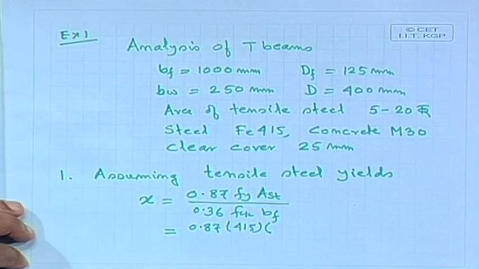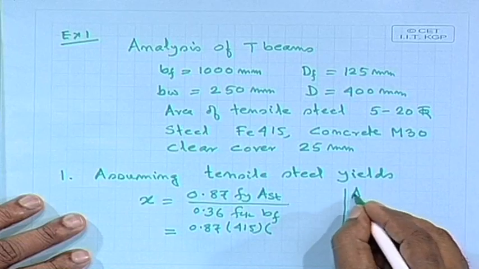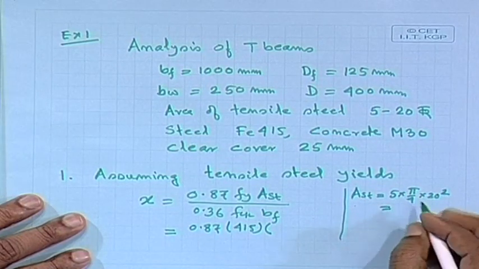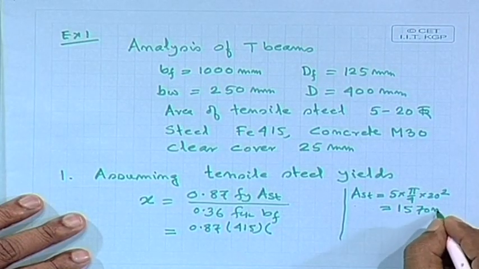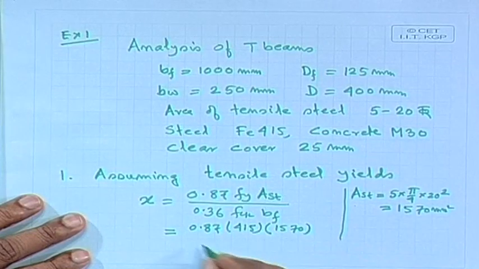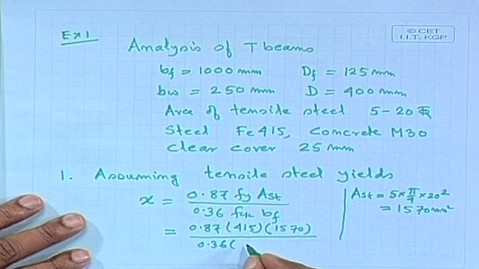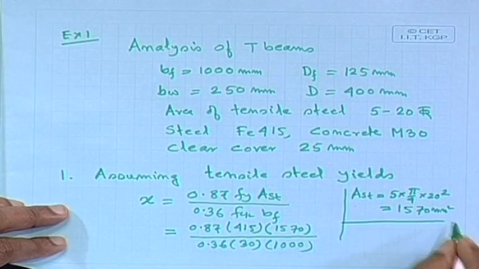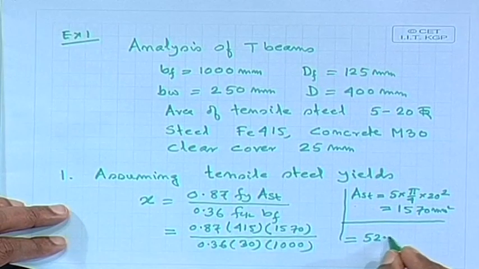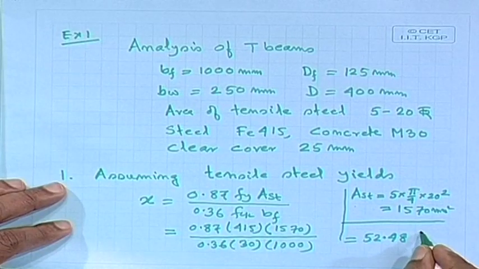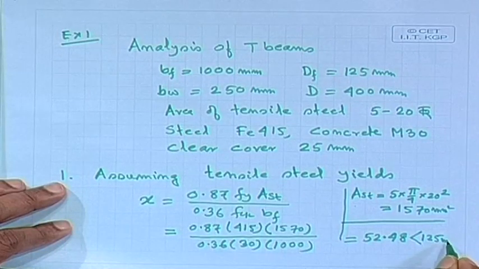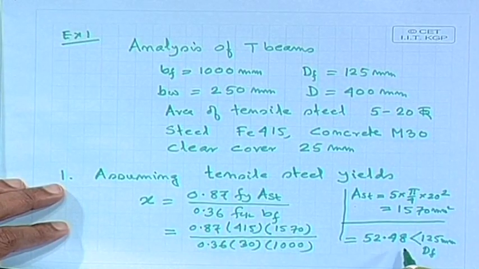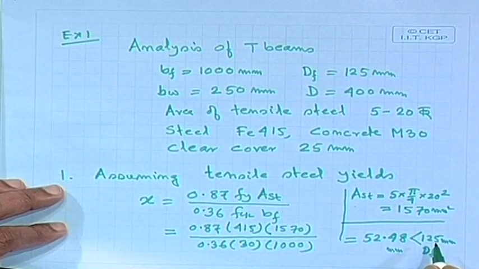Let us calculate area of steel here. Area of steel equal to 5 into pi by 4 into 20 square, which comes as 1570 square millimeter, divided by 0.36 times 30 times 1000, equals 52.48, which is less than 125 millimeter. That means X, which we have got as 52.48 millimeter, is less than 125 millimeter, the depth of the slab or depth of the flange.